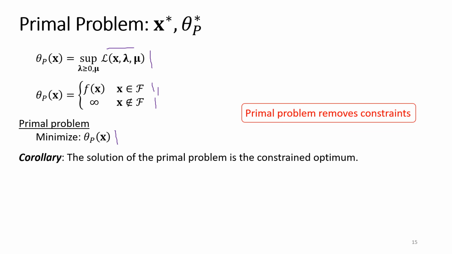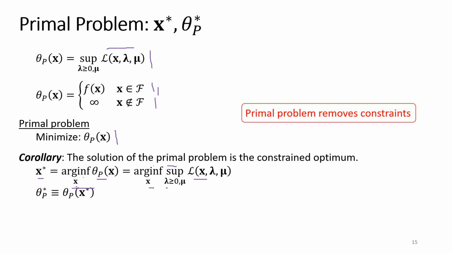Corollary. The solution of the primal problem is the constrained optimum. In other words, x star, if this is the solution to the original COP, then x star is equal to arg infimum with respect to x of the primal function theta p of x, which is equal to arg inf with respect to x of supremum with respect to lambdas and mu's of L of x, lambda, mu.